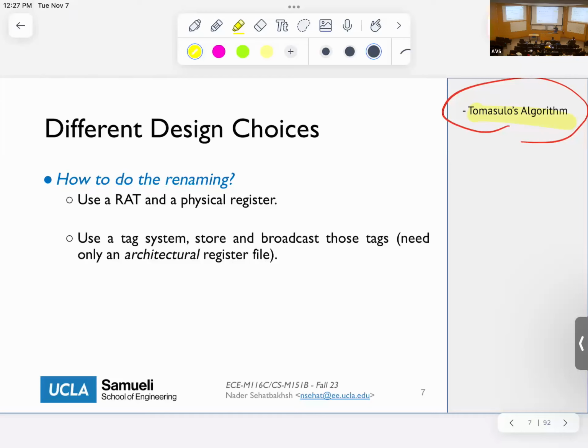And that one is not based on RATs, it's based on moving the tags around. In principle, it's the same thing. We are basically renaming the architectural registers, but instead of assigning a physical register to it, we assign a tag to it, and then we move this tag around. Okay, so the way that you need to broadcast a tag and implement this is slightly different. At the high level, they're exactly the same thing. Since we are not really going into the details of the implementation, it doesn't matter which one we are using.